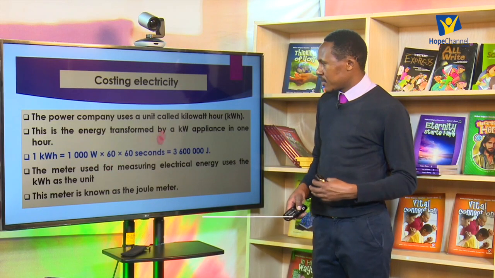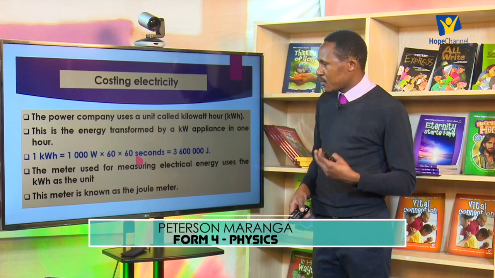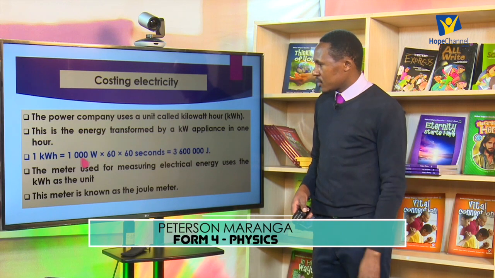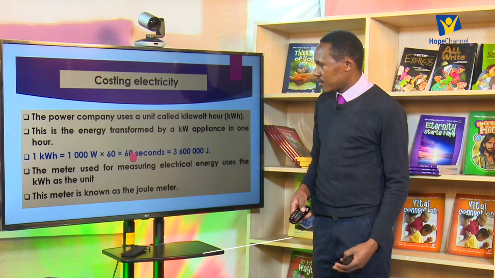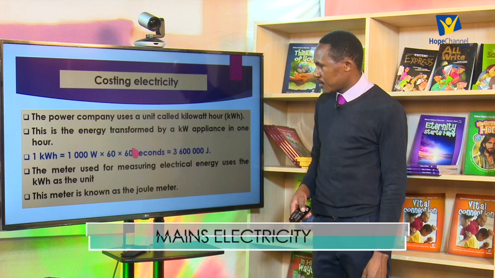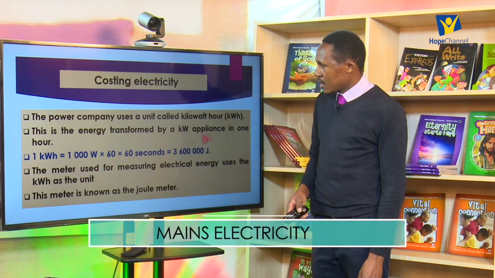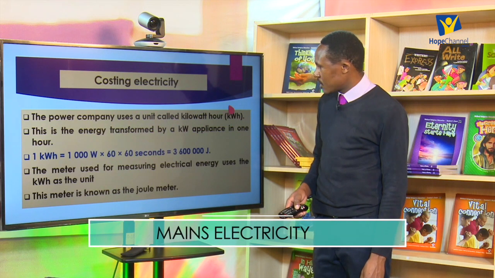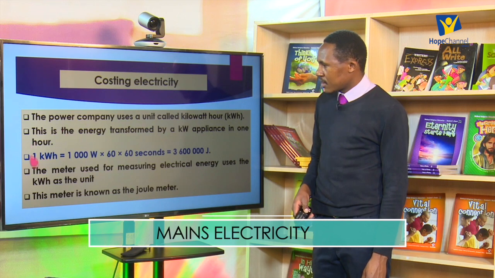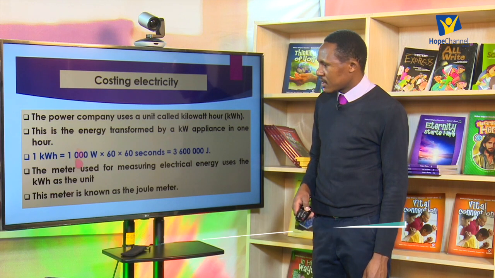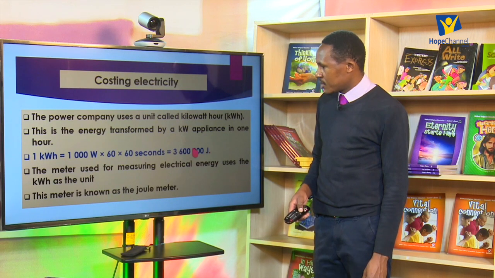Meaning if the power company was to measure the power in terms of joules, it's going to be a very big value, which will be inconvenient for representation in the meter. And so to avoid that, the kilowatt hour is more convenient for measuring the units consumed in the house. So 1 kilowatt hour is equal to 3.6 million joules of electrical energy.